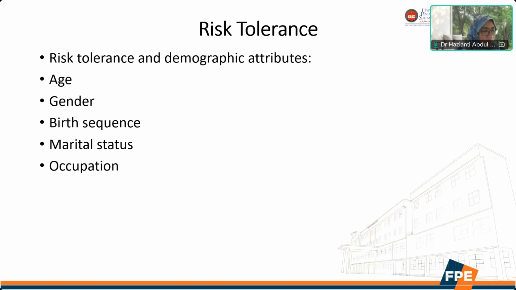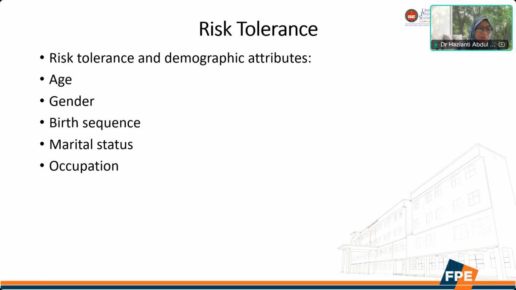Marital status: generally, single persons are more risk tolerant and can tolerate more risk than those who are married, especially those who are single with no or few responsibilities, and they are risk takers. And the last one is occupation.